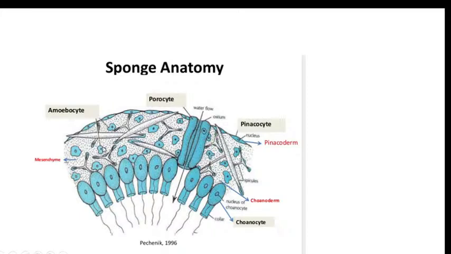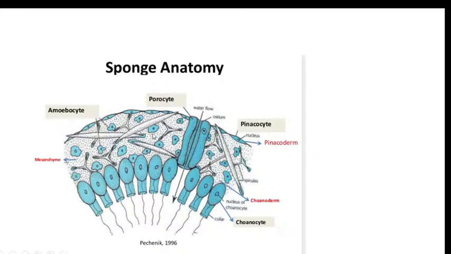Then the choanocytes are found. Choanocytes are cells differentiated to have food vacuoles, so they help in digestion of the food particles. Then spicules are the skeleton found in the body of sponges.